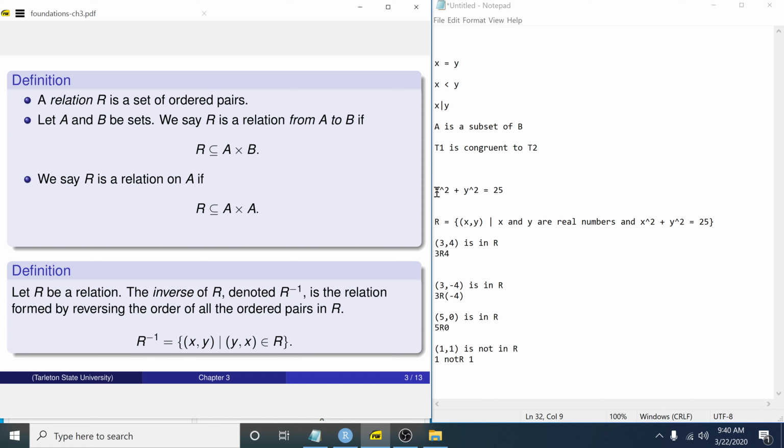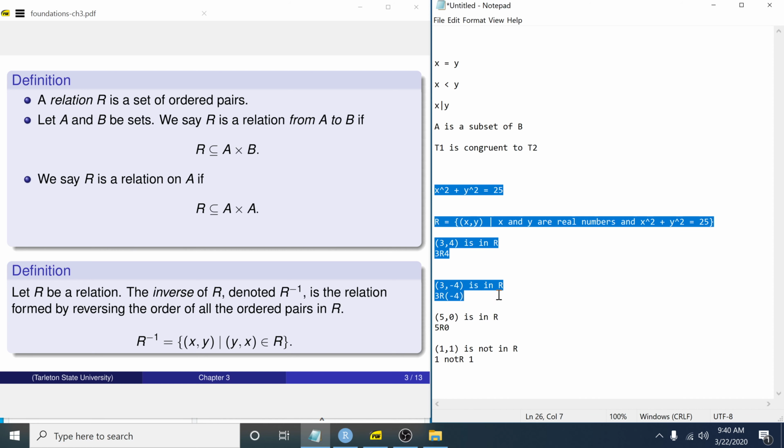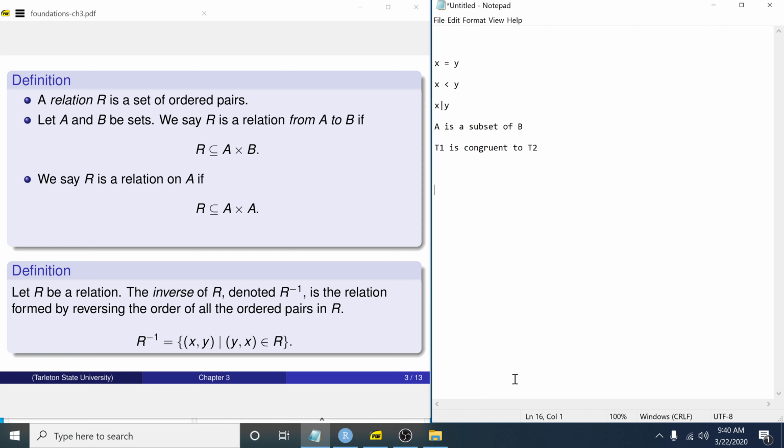And I think we've made a pretty convincing argument that this relation right here really is a set of ordered pairs. But what about the examples up here, like x equals y, x less than y, and so on? The thing is, those actually are sets of ordered pairs as well.